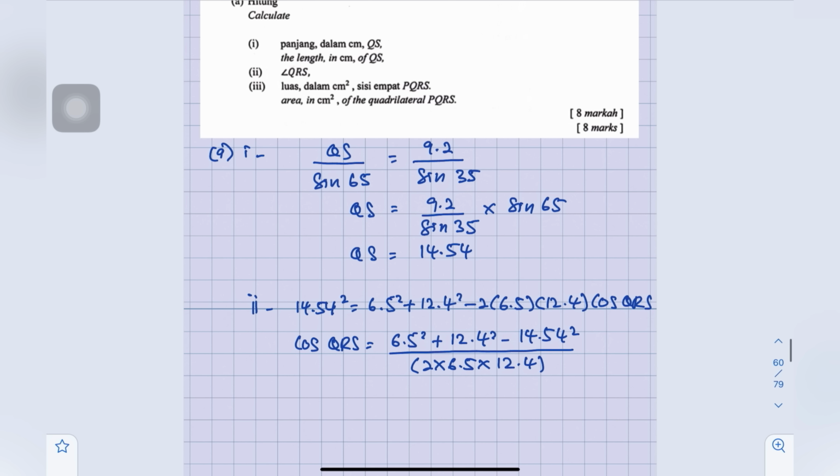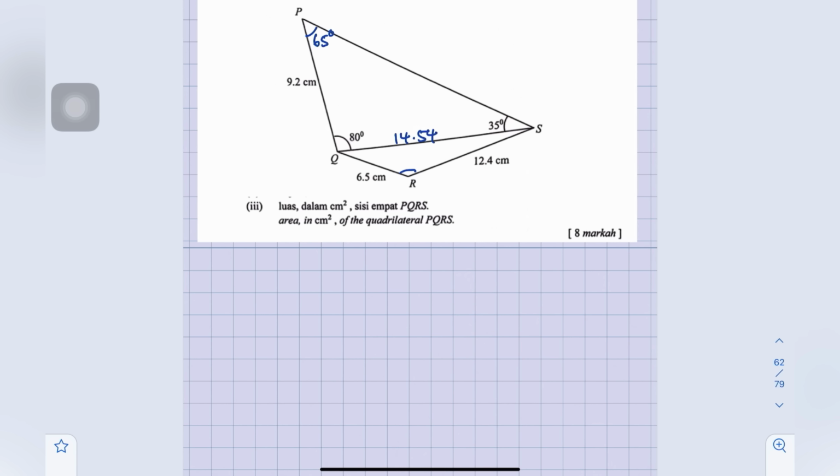Then angle QRS, shift cos, which equals 95.48 degrees. So this one is 95.48 degrees. Roman 3, calculate the area in centimeter squared of the quadrilateral PQRS.